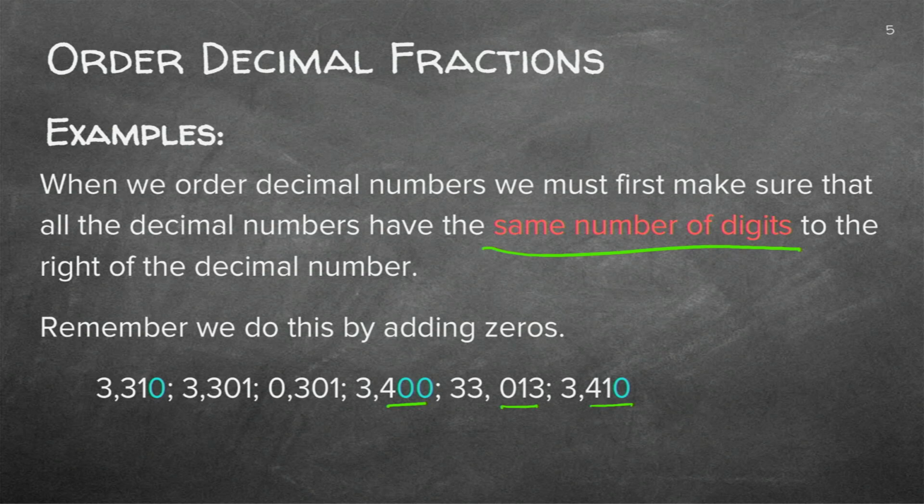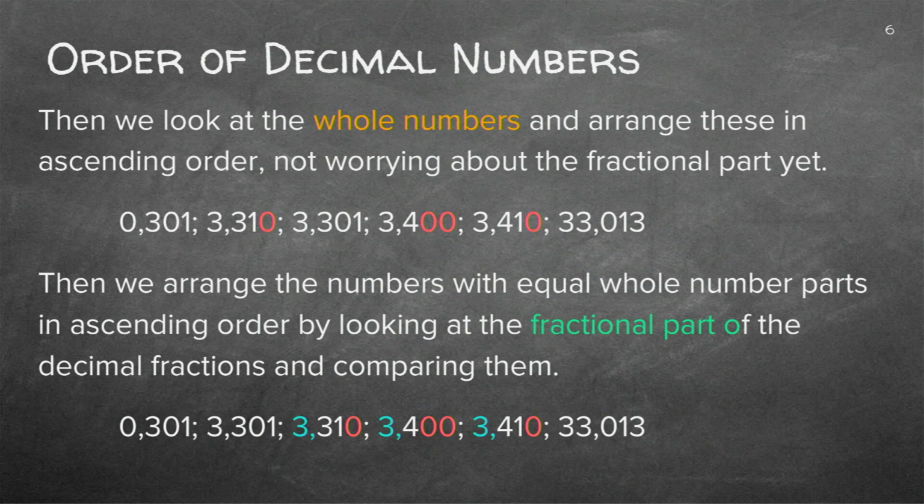So now it's much easier to compare it. So all we're going to do now is look at the whole numbers first. And we're going to see we've got a 0, a 3, a 3, a 3, a 3, and a 33. Right. So we're going to arrange those numbers from smallest to largest. So we're going to have our largest on that side. That's very easy. So we're going to start with the smallest, which is our 0,301.